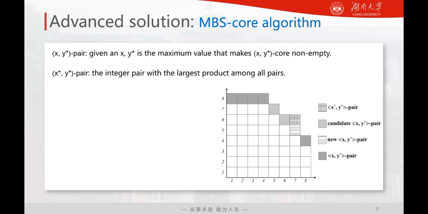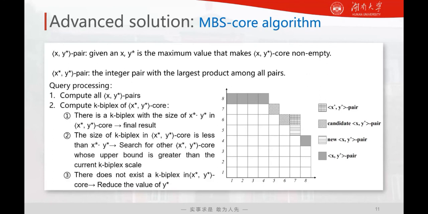Taking these figures as an example, we can first calculate all x-y star pairs in the graph, which corresponds to the squares on the ladder in the figure, and the x star y star pair corresponds to the grid marked square. We can first calculate the K-biplex in the x star y star core.